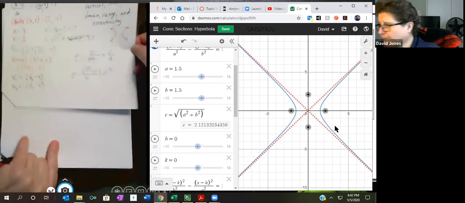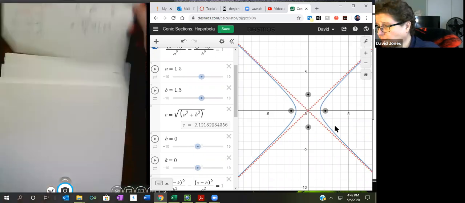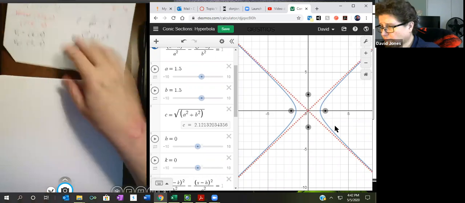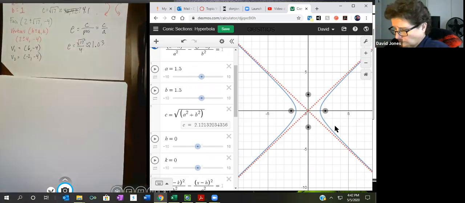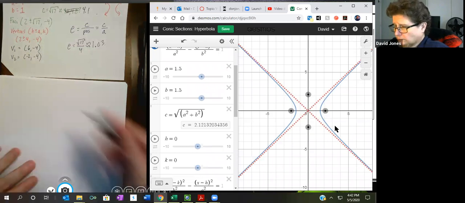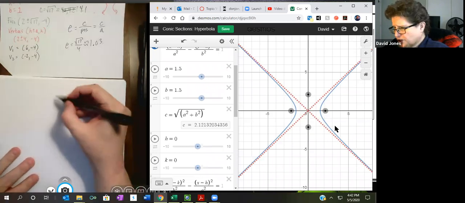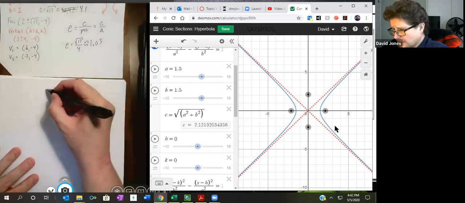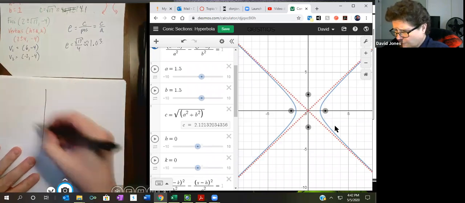And now let's graph what we got. I need to go to 2, -4, which means my center is in the 4th quadrant.